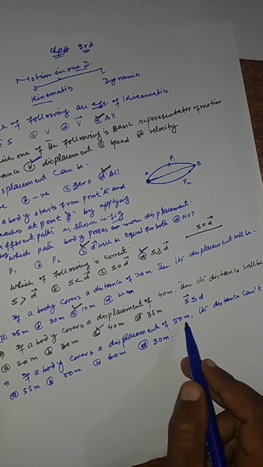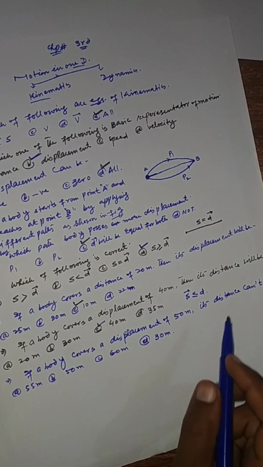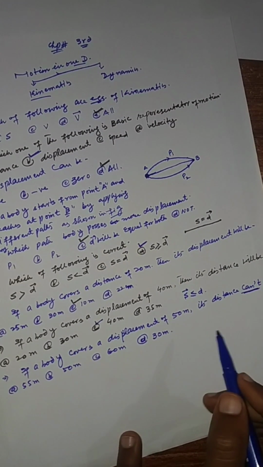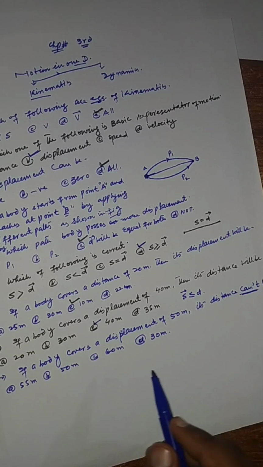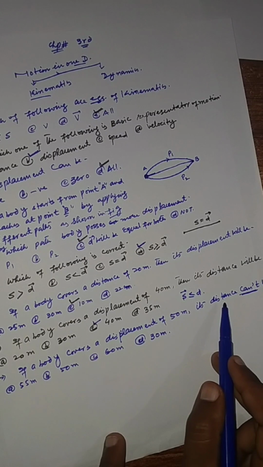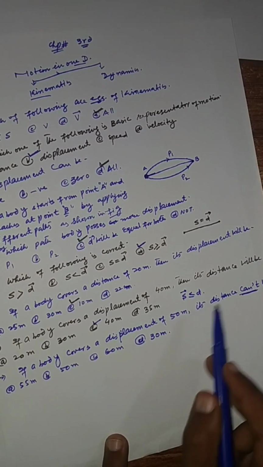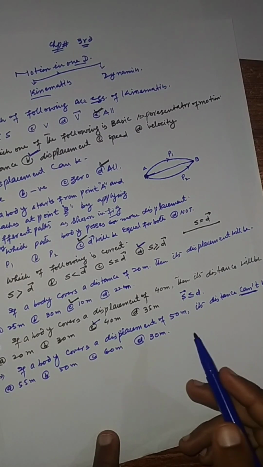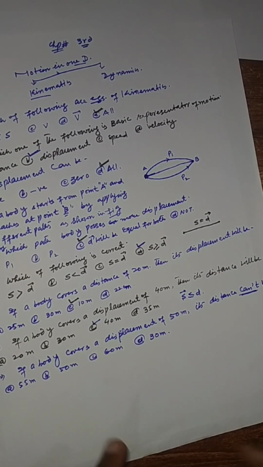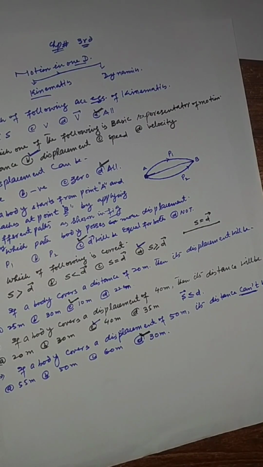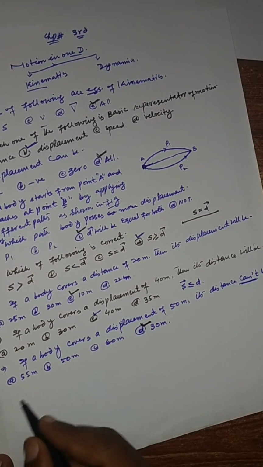Displacement is 50 meter, so its distance cannot be... As we know that displacement is less than or equal to distance, and distance is greater than or equal to displacement but can never be less than displacement. So that's why the correct answer will be 30 meter. Okay.